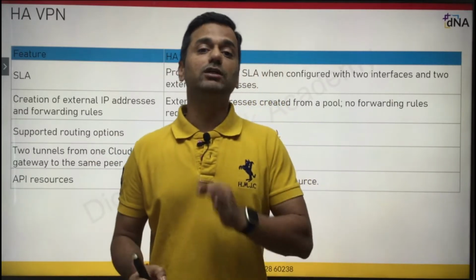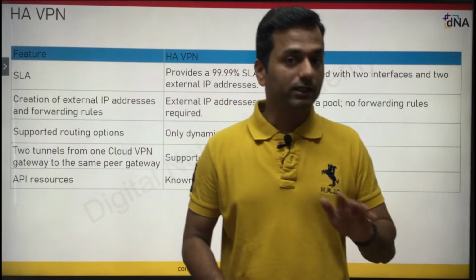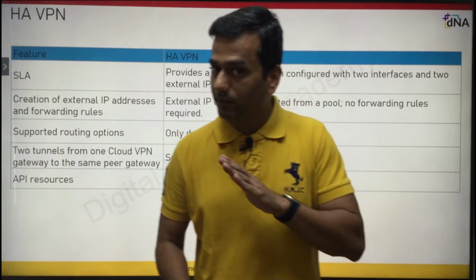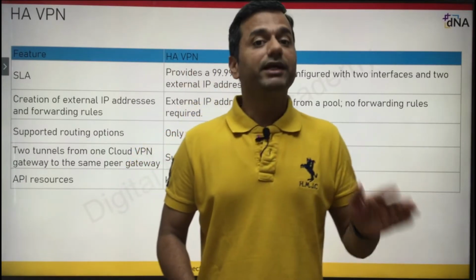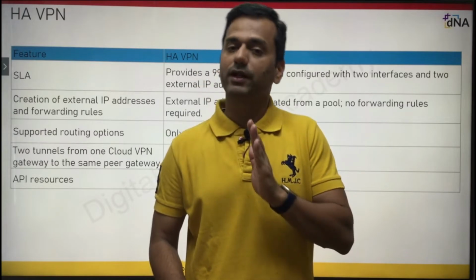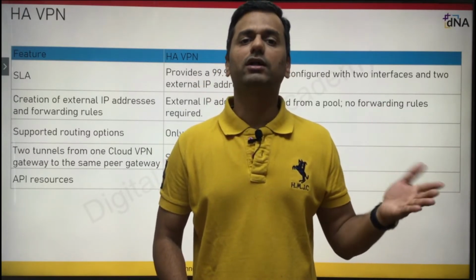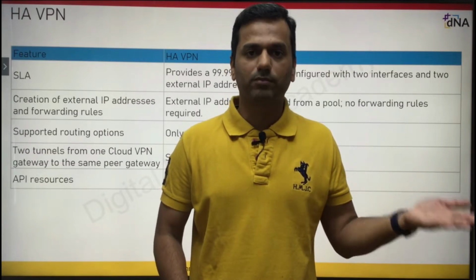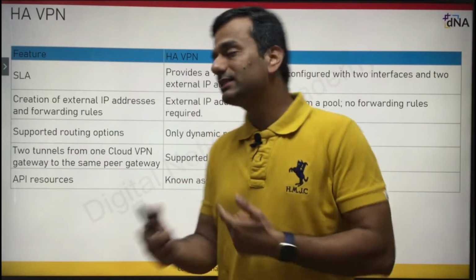HA VPN only supports BGP, Border Gateway Protocol. It doesn't support static, route-based, or policy-based routing. It only supports the dynamic routing protocol BGP. So make sure your on-premises or any other cloud service provider supports BGP. Clear? Okay, let's move on.